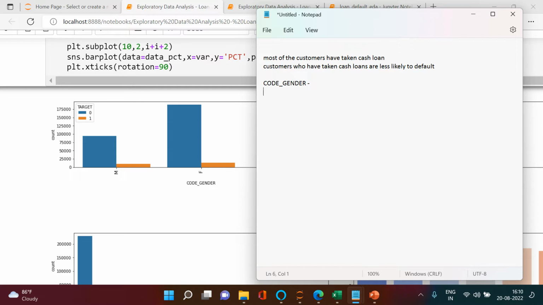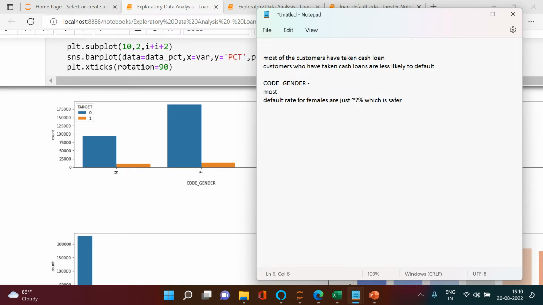Females are safer, females are less likely to default. The default rate for females is approximately 7%, which is safer, because mostly the female population has taken the loans.